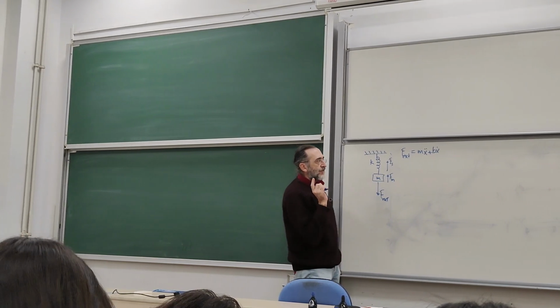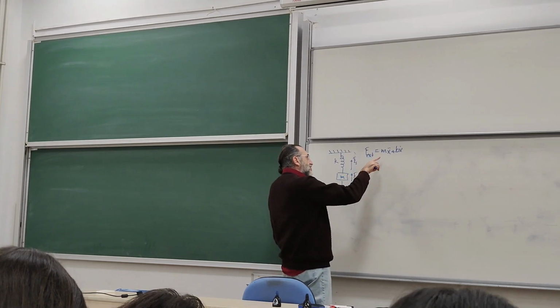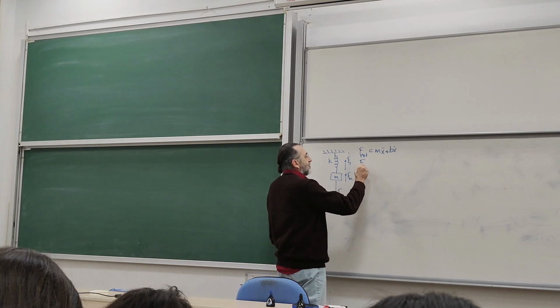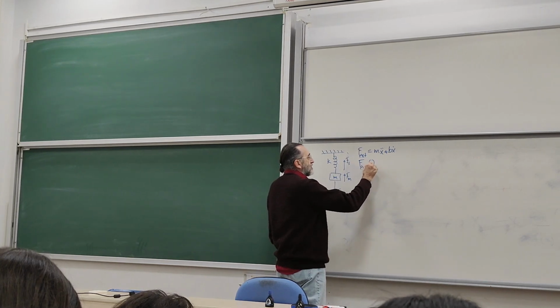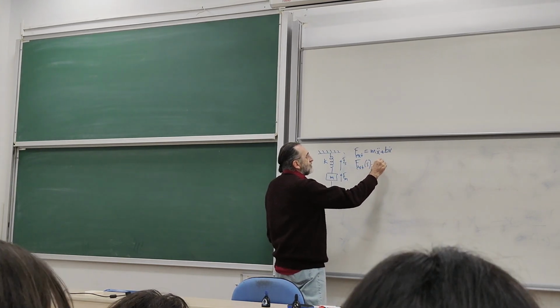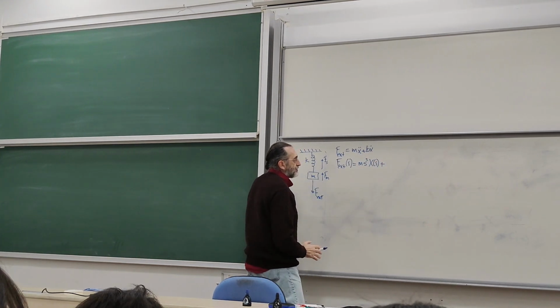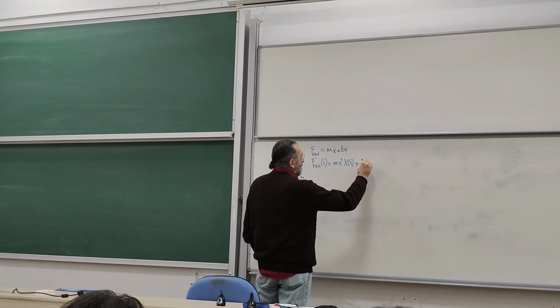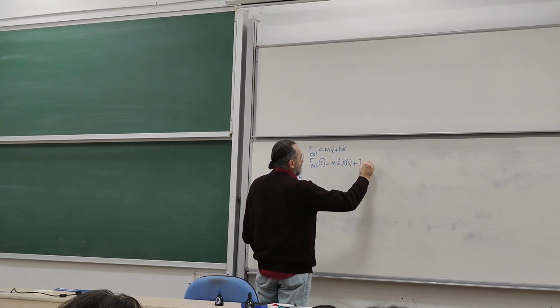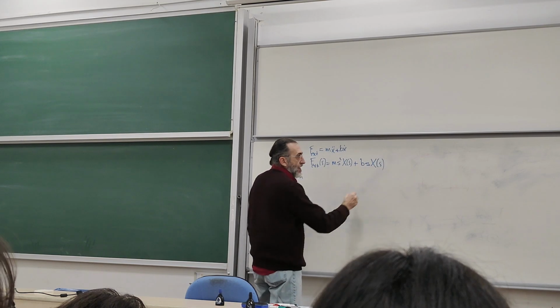And then if you take the Laplace transform of this, we get F external of s equals m s squared X of s plus d s X of s.